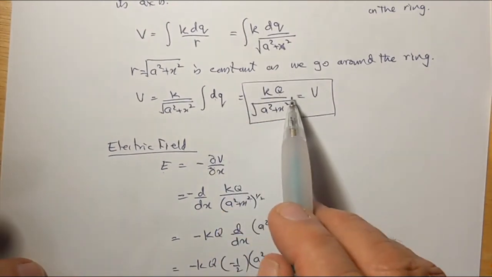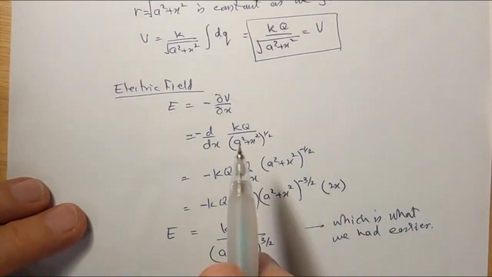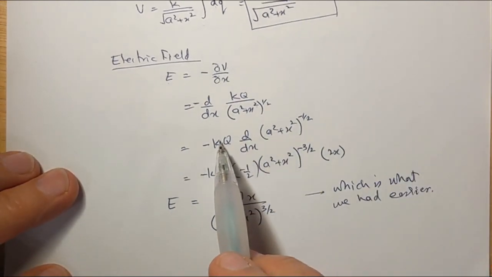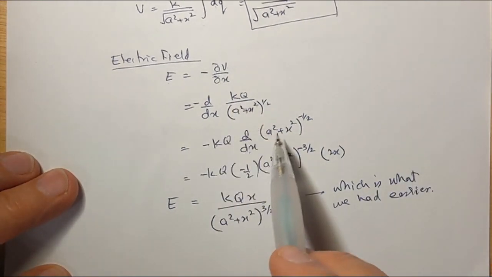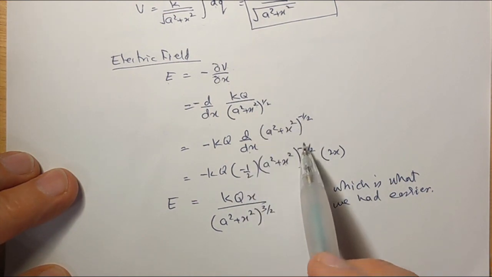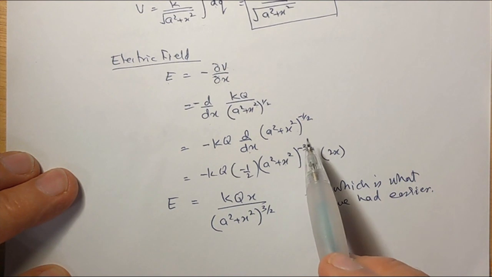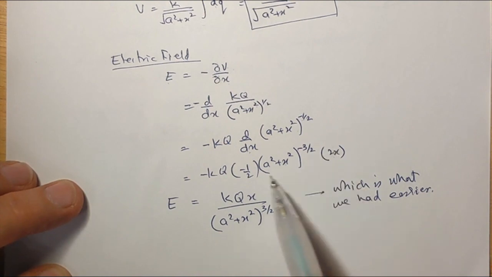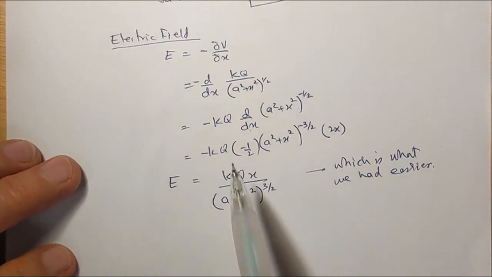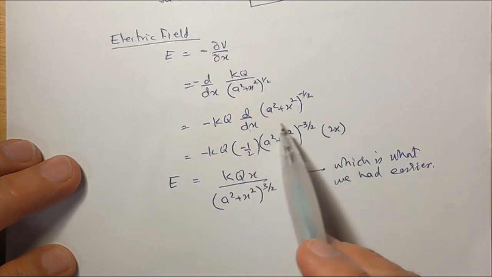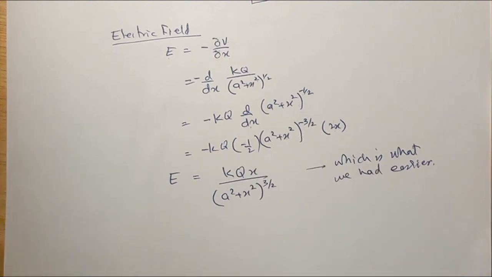And so if we differentiate this with respect to x, we get d by dx of this equation, and the dx is taken outside, so d by dx of this, and that becomes minus half this thing as it is to the power minus 1 more than that, and the derivative of what's inside, so that gives us 2x. The 2's will cancel, the negatives will cancel, we'll get kq times x over this, which is the same as what we had earlier.